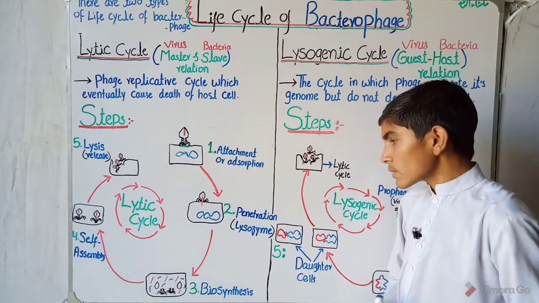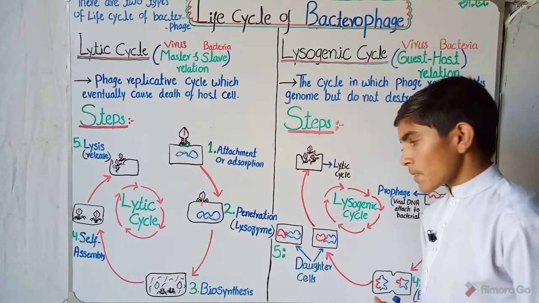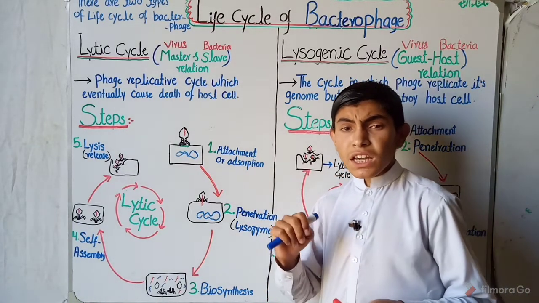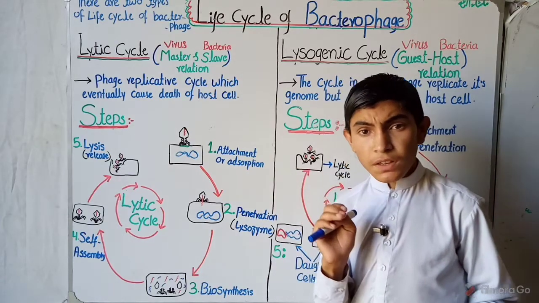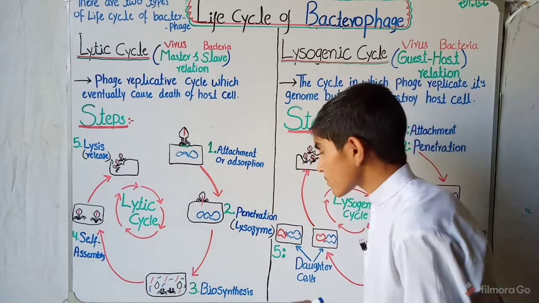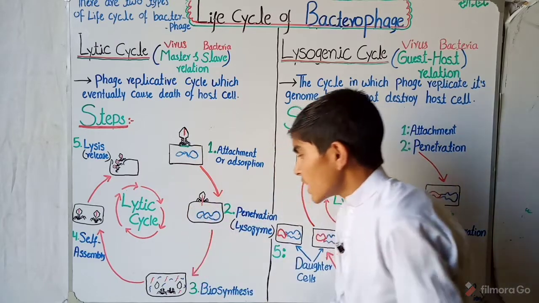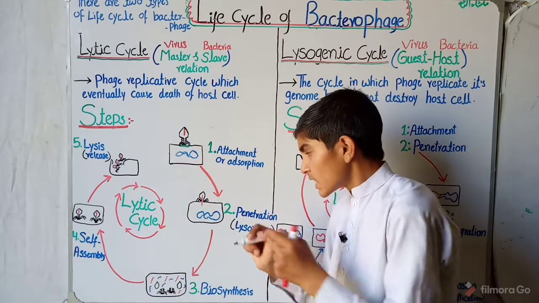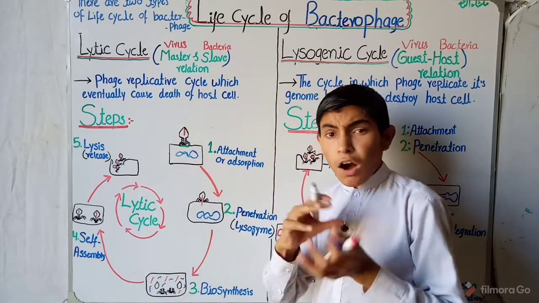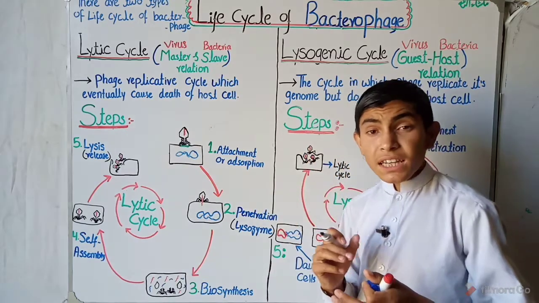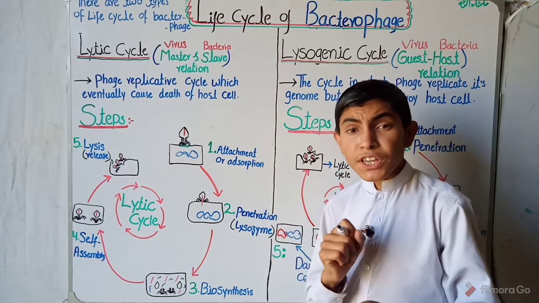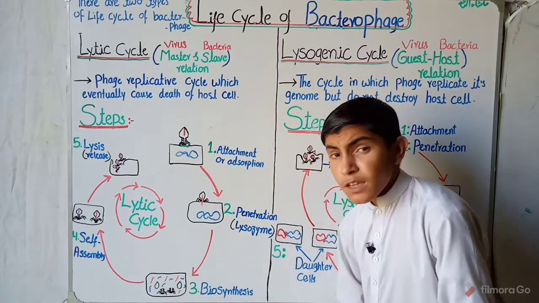The next step is the penetration. Penetration means going inside something through pores. As we mentioned in the previous lecture, the viral cell has a base plate, and this base plate has an enzyme called lysozyme.